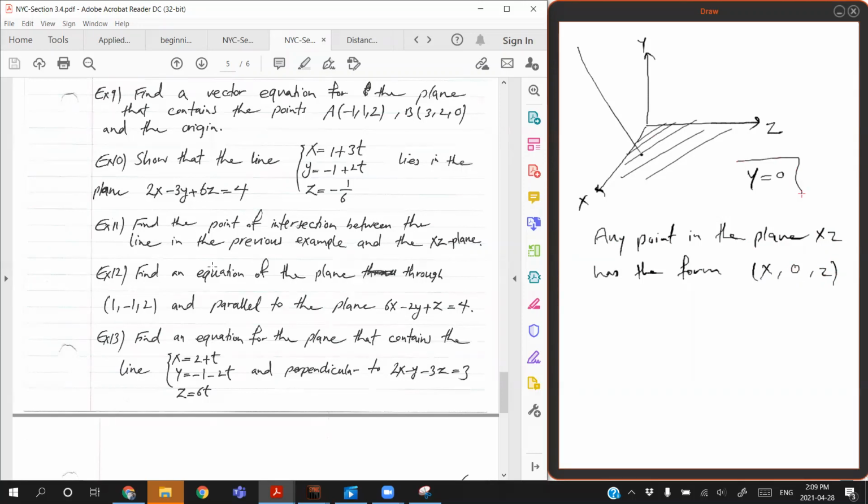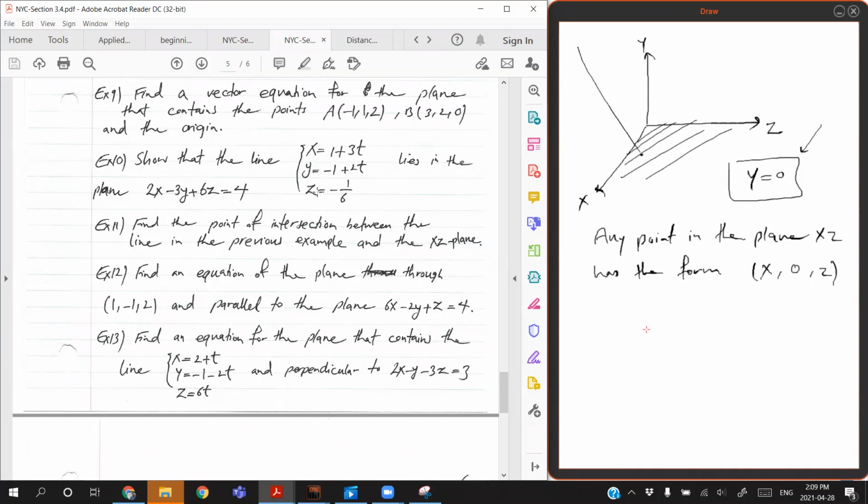Actually, this is the equation for the XZ plane. This would be the point normal equation for the XZ plane. So the only thing I need to do, in this equation here, I make y equals 0, and then I find t. The moment I have t, I also have x and z.